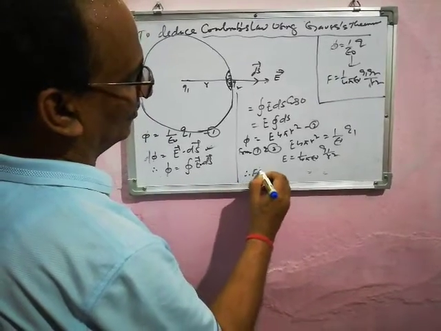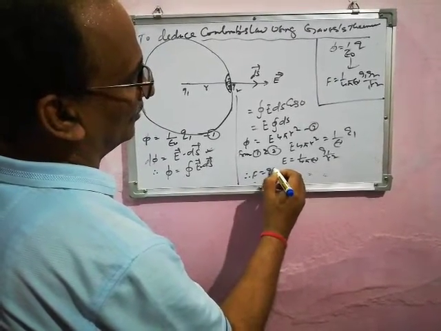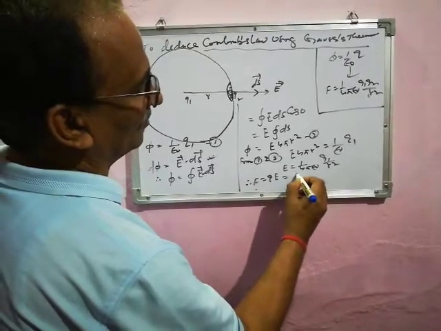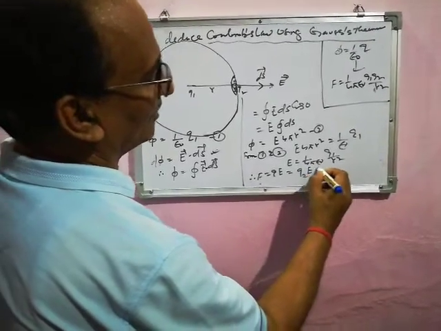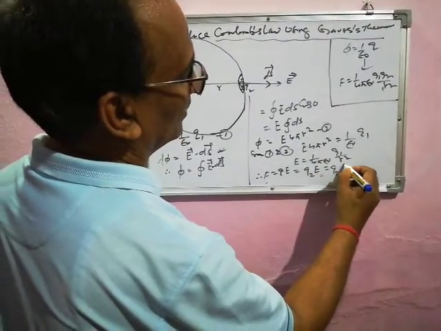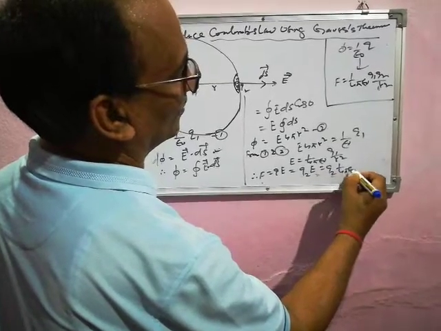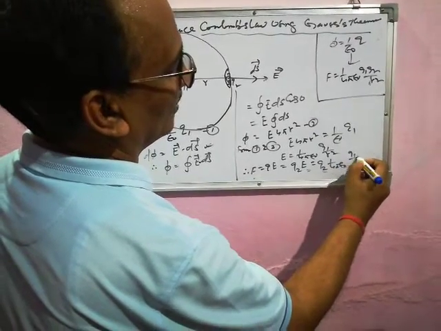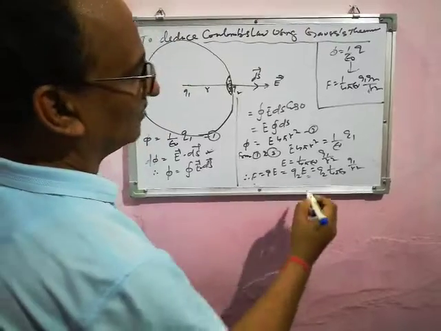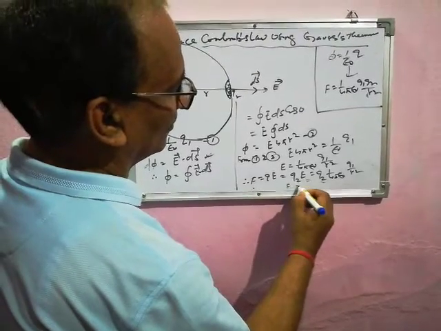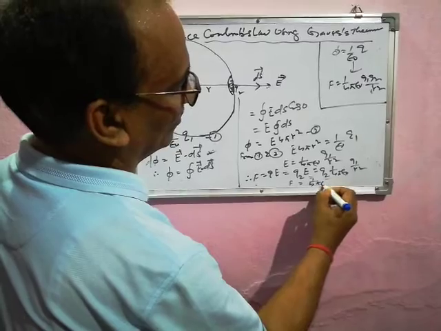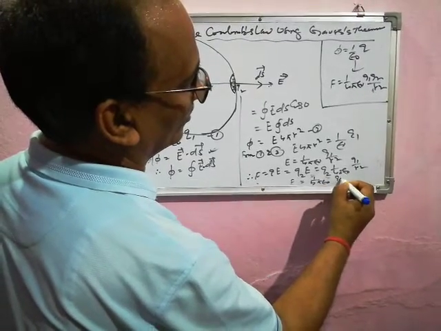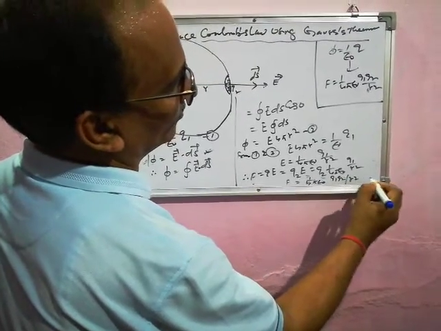Since force is equal to Q into E, and here Q is equal to Q2, and E is 1 by 4 pi epsilon naught Q1 by r square, in this way the required expression becomes equal to 1 by 4 pi epsilon naught Q1 Q2 by r square.